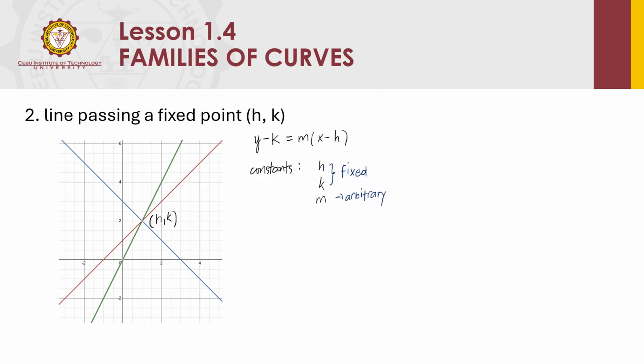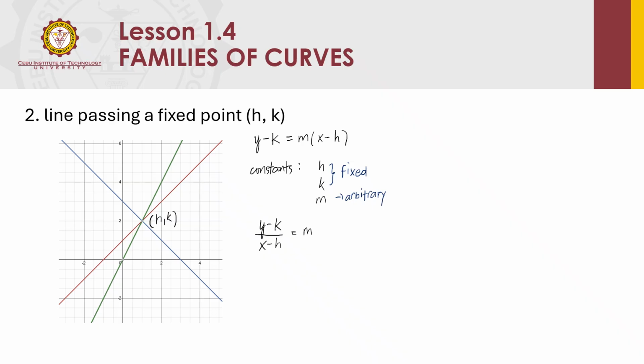Okay, so to eliminate the arbitrary constant, we can isolate it first. So m is the arbitrary constant, so we're going to isolate m. We're going to divide the whole equation by x minus h, making it y minus k all over x minus h on the left side of the equation and only m on the right side.